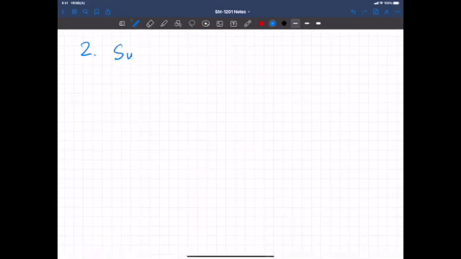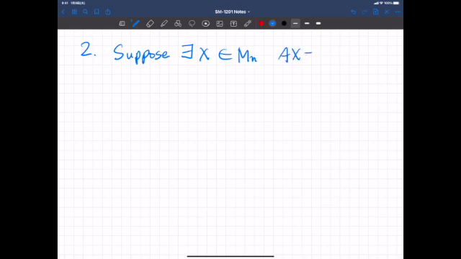So suppose a right inverse exists. So there exists X, a square matrix, such that AX is equal to the identity matrix. Then taking the determinant of both sides, we have determinant of AX is equal to the determinant of I, which is 1.